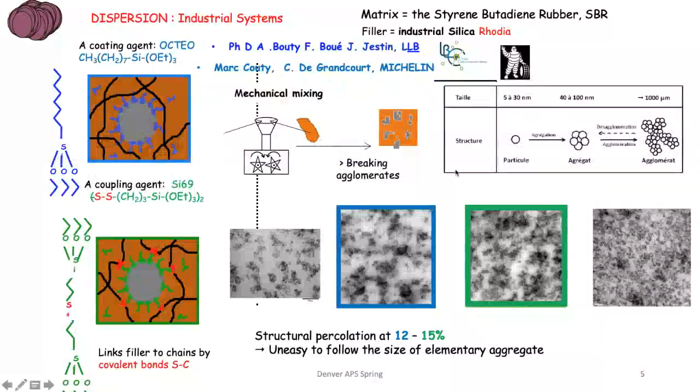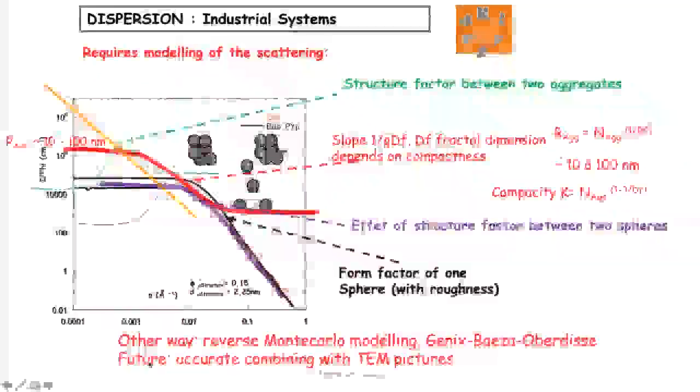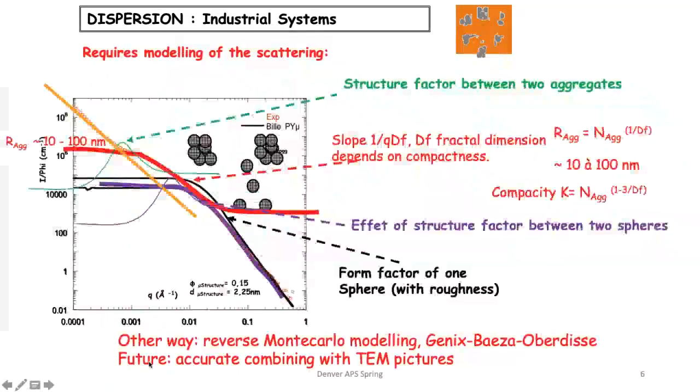So here, one other interesting thing is that you can characterize the different aggregates by scattering, which is not always very easy by electronic microscopy because industry uses some very concentrated systems.